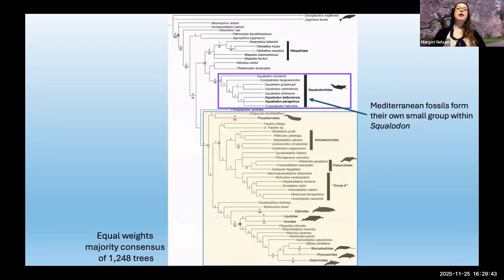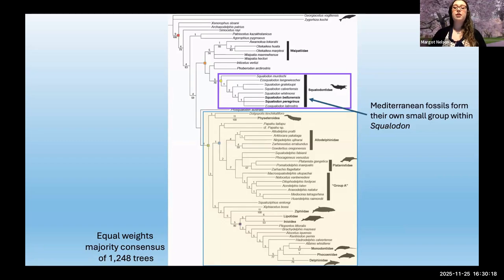Phylogenetically, this is the equal weights consensus of my trees, and we were really delighted to find that Squalodon today formed a monophyletic group. We were a little more disheartened to see that it didn't quite. So one specimen or one species of Squalodon did not group with the rest of Squalodon, despite having morphological traits that very clearly align it with Squalodon.